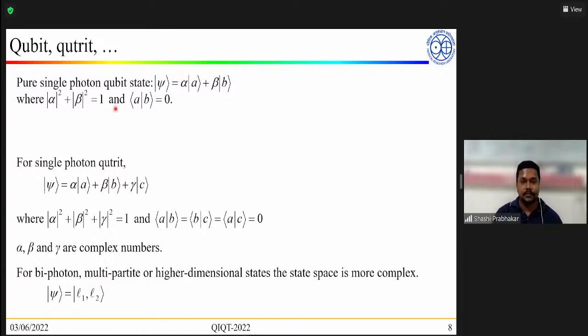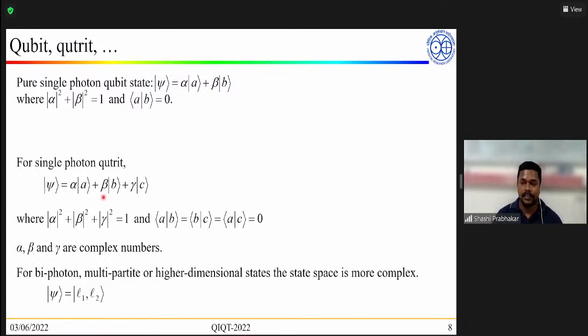But with these orbital angular momentum states, we can write a qutrit, which is a combination of these three. In a later part of the talk, I will explain what these are and what conditions we can actually take. So with these qutrit states, these conditions hold. And not only this, we can actually write this as a sum of infinite dimension.